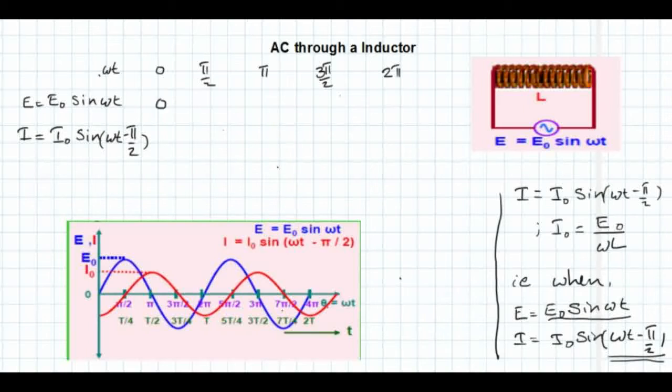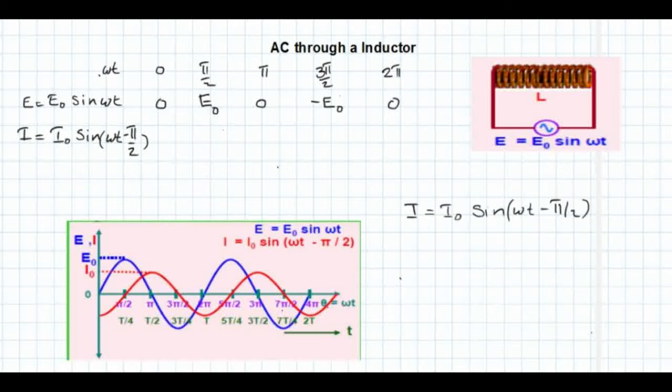So as in the previous cases, we can find the relation, that is when E equal to E0 sin omega t, these are the values we will be getting for 0, pi by 2, pi, 3 pi by 2 and 2 pi. Then what about the values of current? So we have current I is equal to I0 sin (omega t minus pi by 2). The first case omega t is equal to 0. I0 sin (0 minus pi by 2).